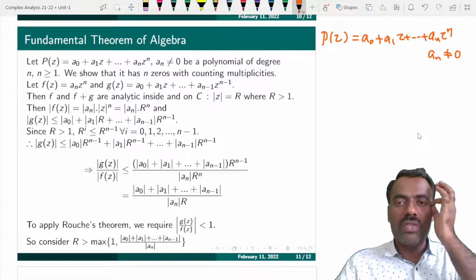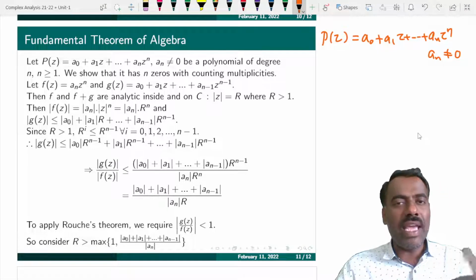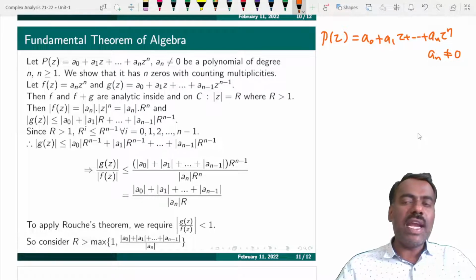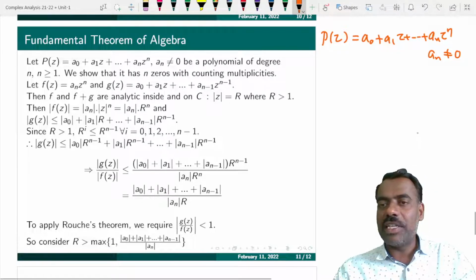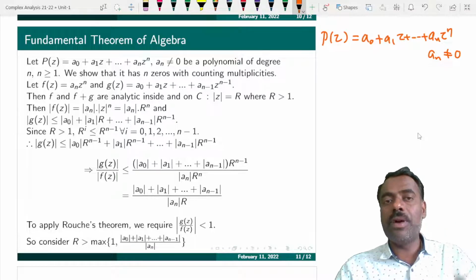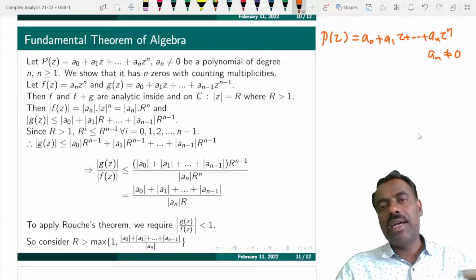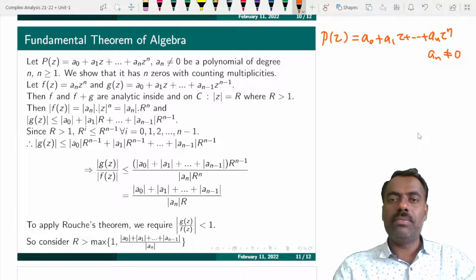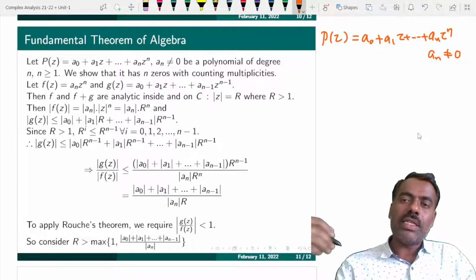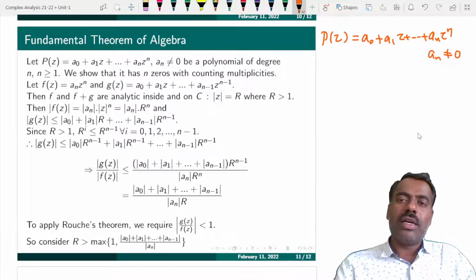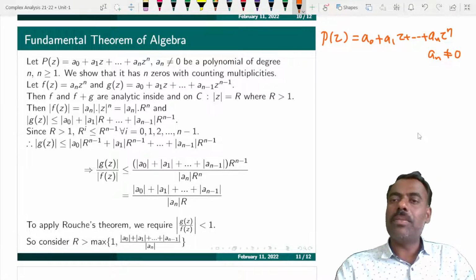So the idea is to write this function as a sum of two functions, where one dominates the other on some curve, so that P of z has the same number of zeros as the dominant one.